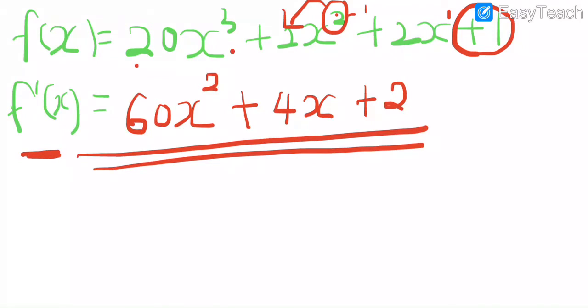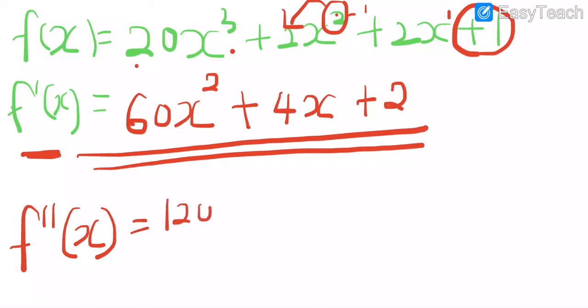Understand? So let's say, for example, I would like you to differentiate again, the second derivative. The same thing here. 2 times 60, 120. 2 minus 1 will be 1. So x, plus, this one is power of 1, right? 1 times 4 is 4.